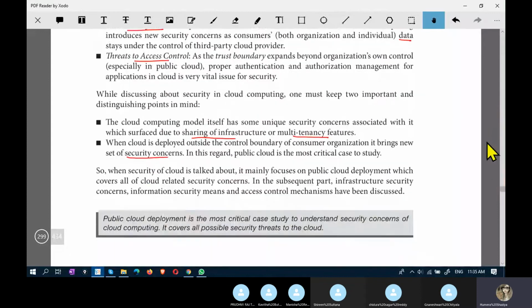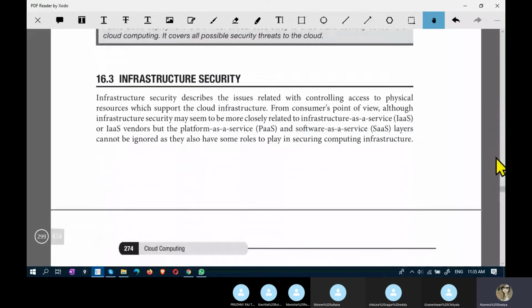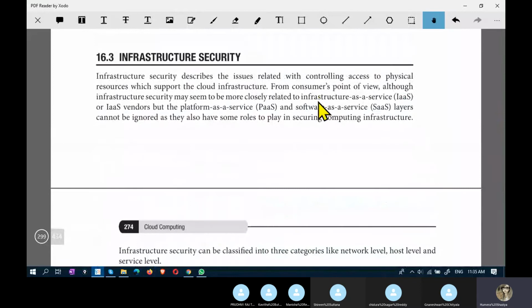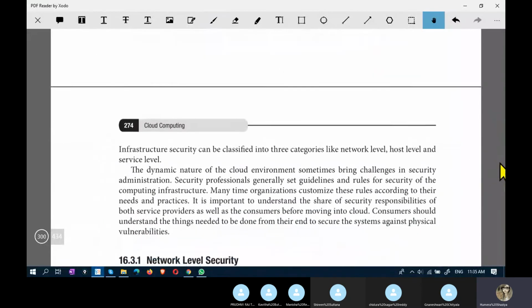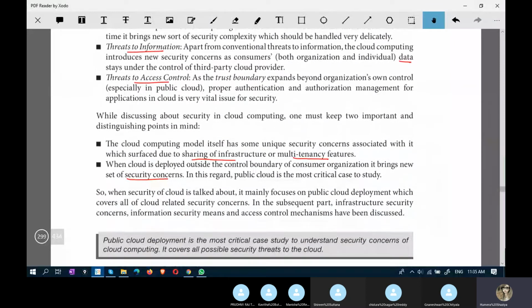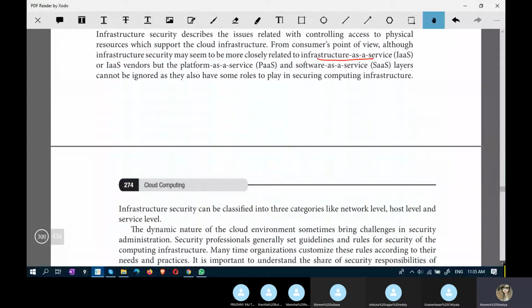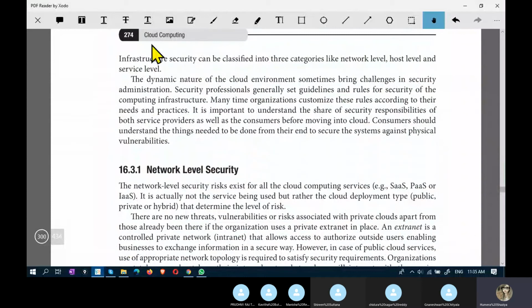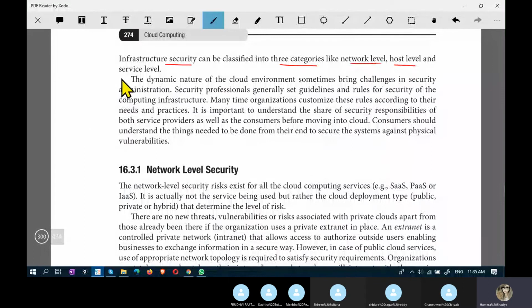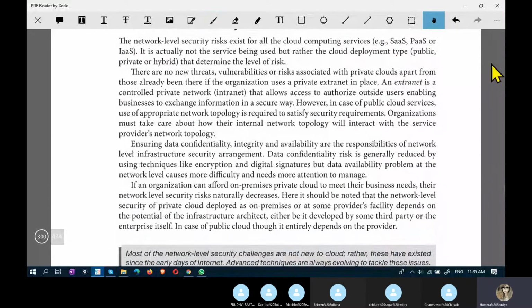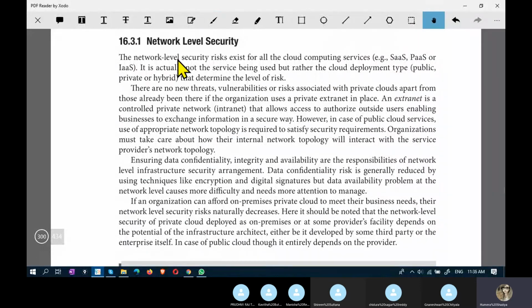Infrastructure security is done at three levels. It is divided into three categories: network level, host level, and service level. Network level means, wait, I'll tell you.